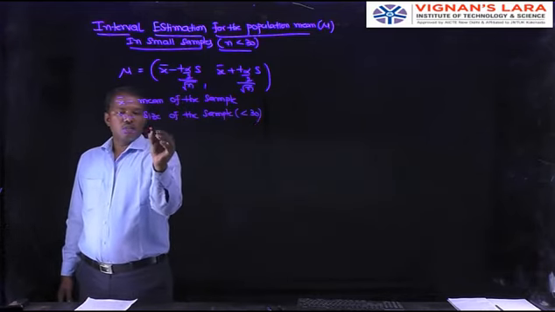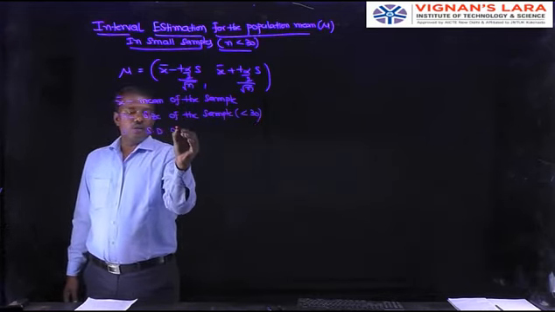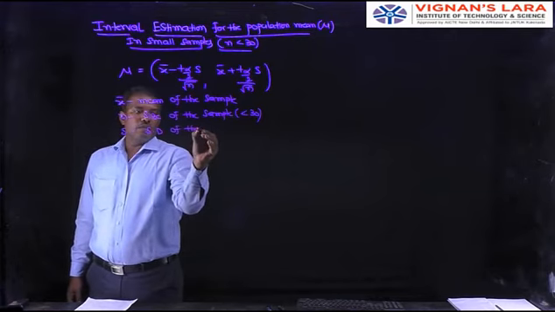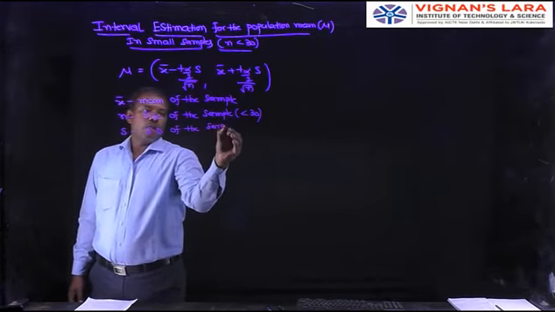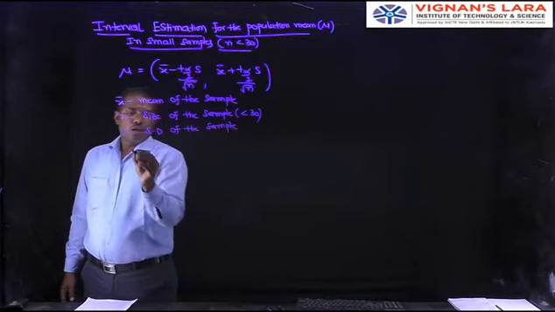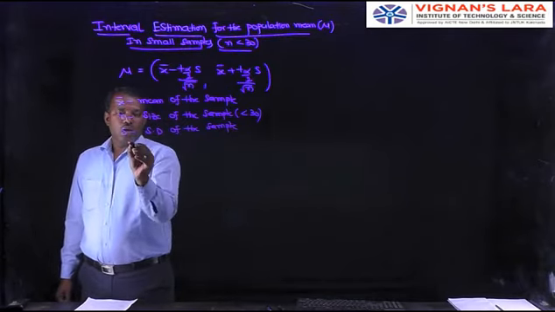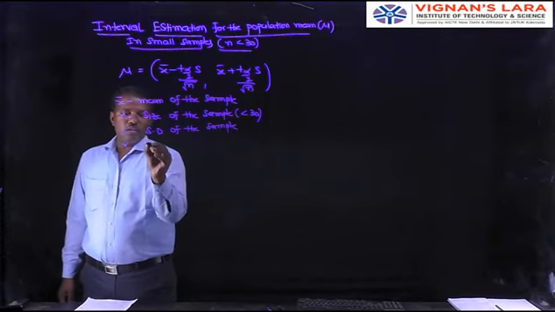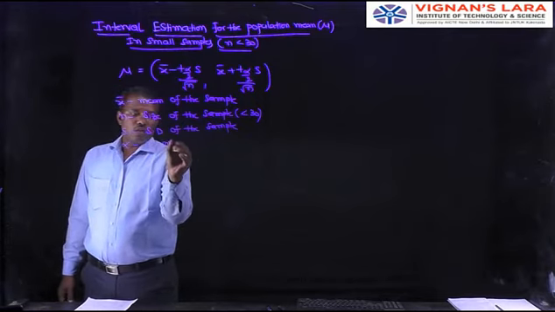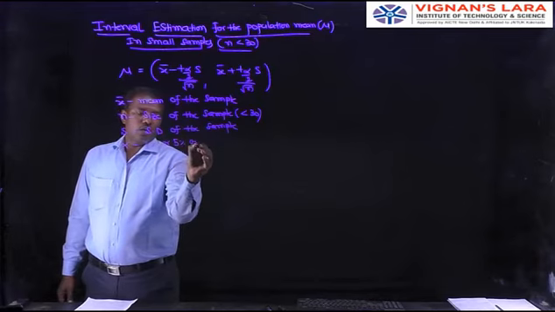S is the standard deviation of the sample. Alpha is the failure rate, that is either 1% or 5% or 10%.